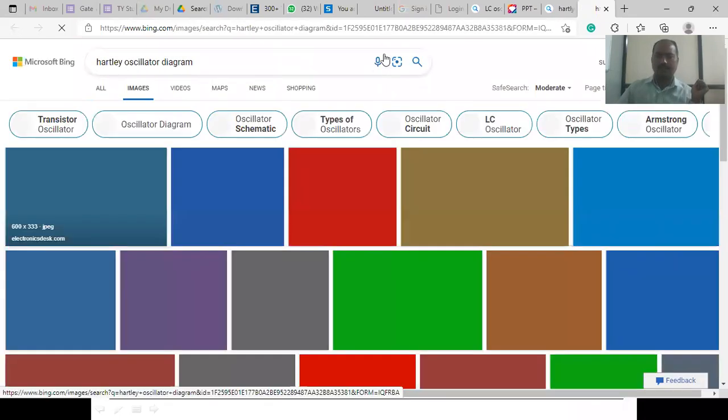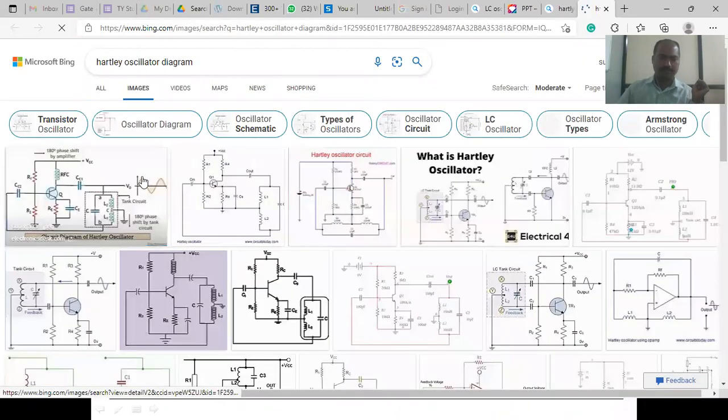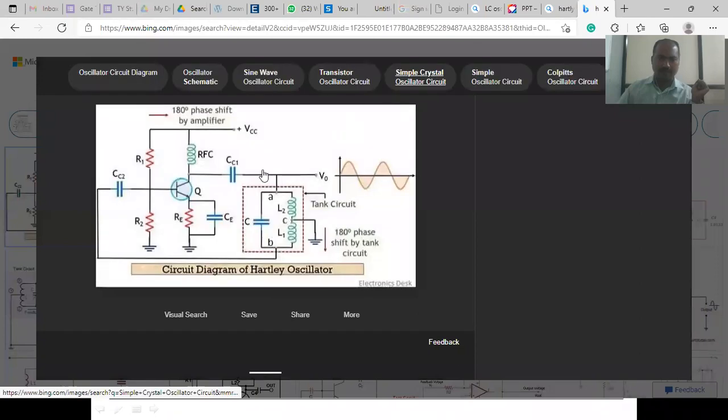Now see, this is the diagram of the Hartley oscillator.